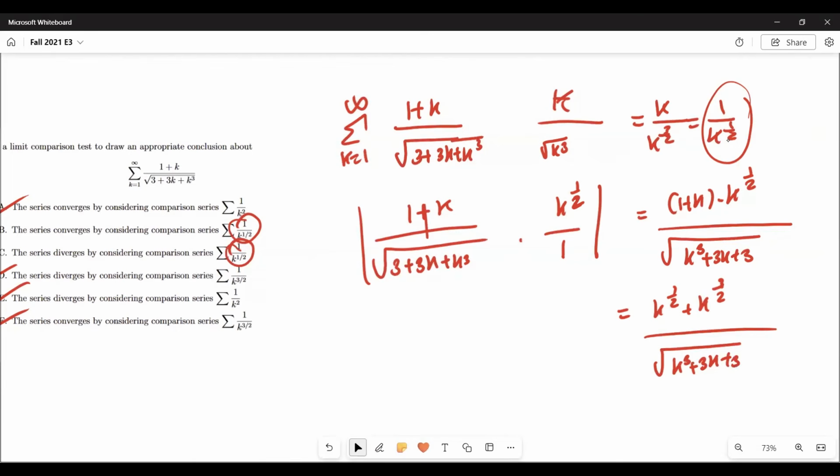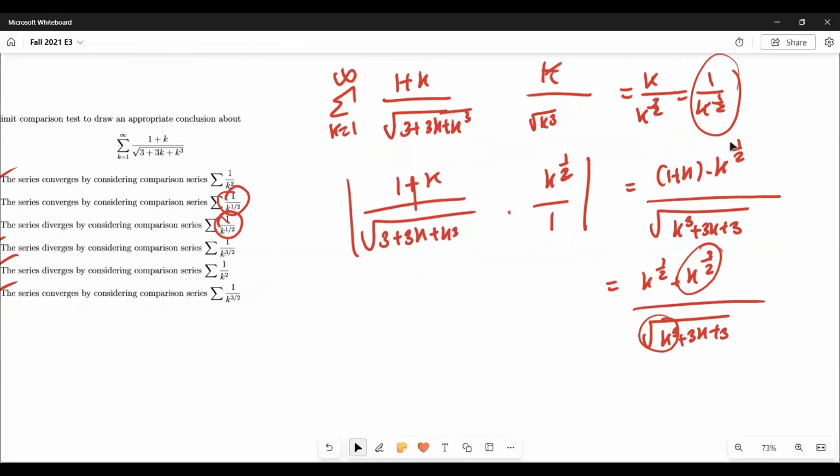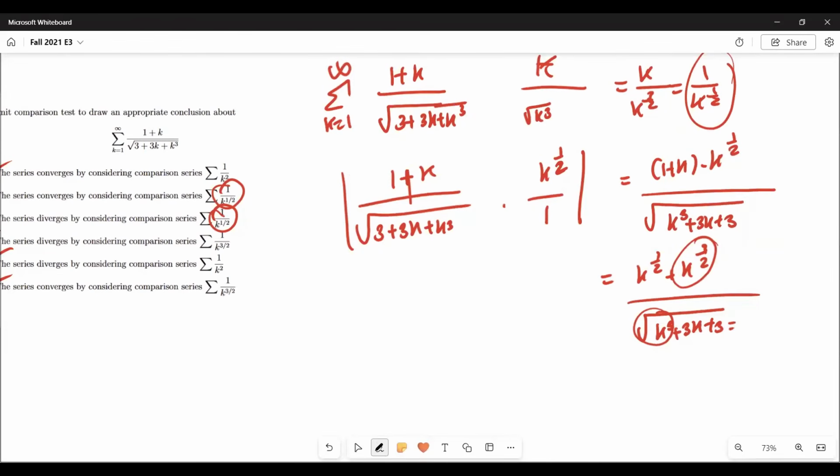If the limit as k goes to infinity, all we have to care about is the highest power, which is k to the 3 over 2 power and the square root of k cubed, which is the same as k to the 3 over 2 over k to the 3 over 2, which is 1.